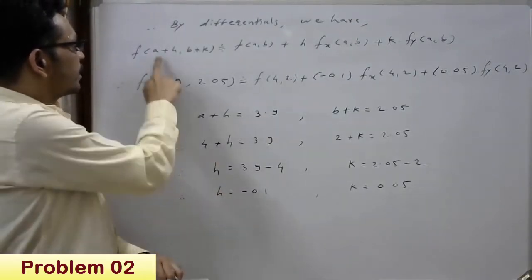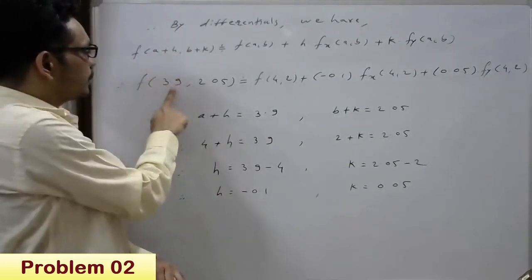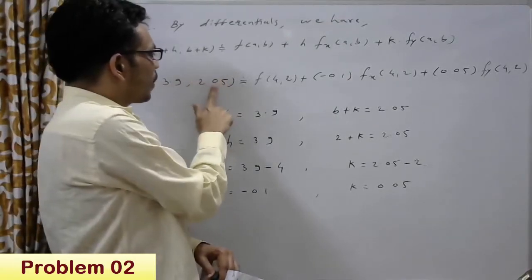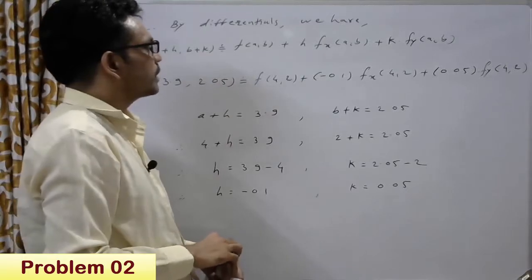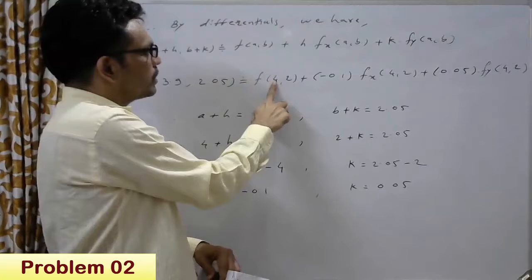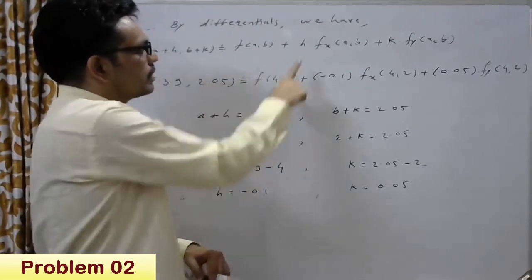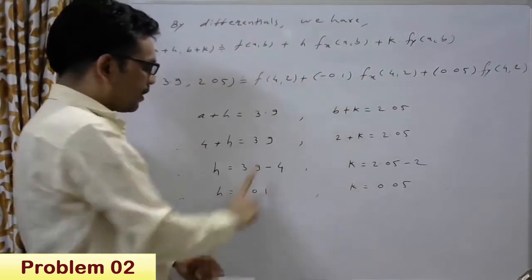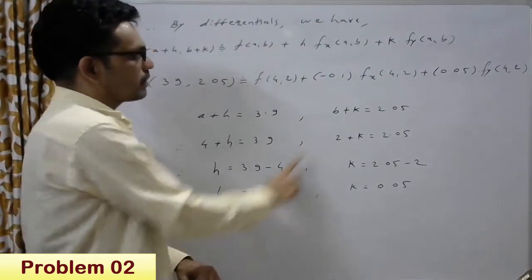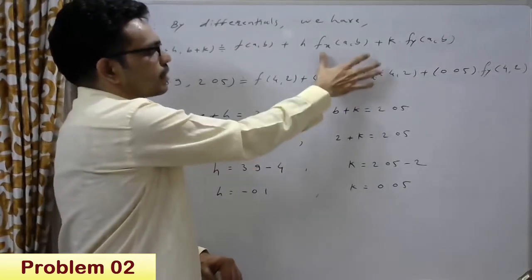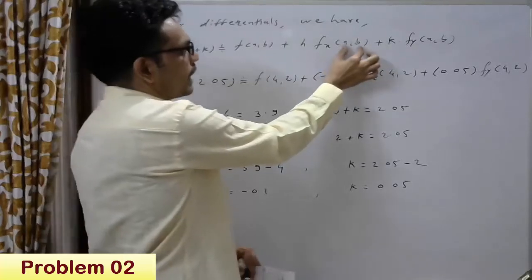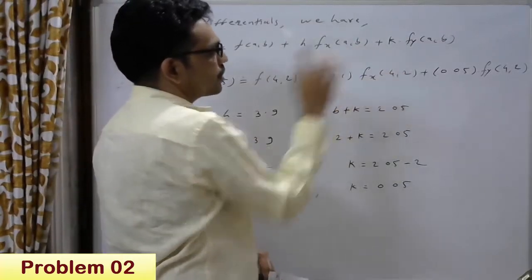Here we take a plus h equal to 3.9 and b plus k equal to 2.05, which is approximately equal to f(a, b). Take a equal to 4 and b equal to 2, with h equal to minus 0.1, times f_x at the point (a, b), that is a equal to 4 and b equal to 2.